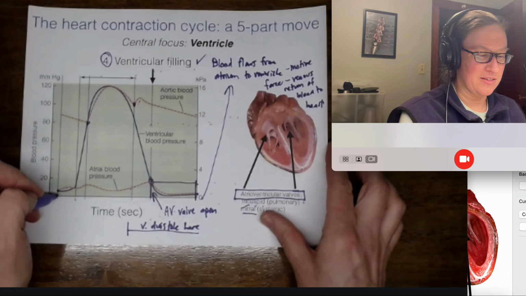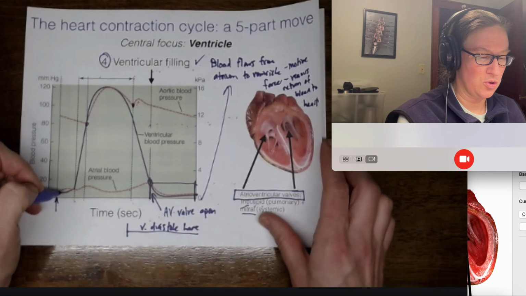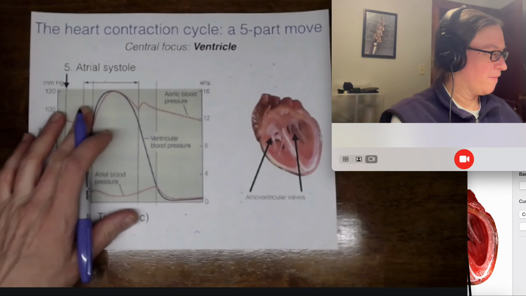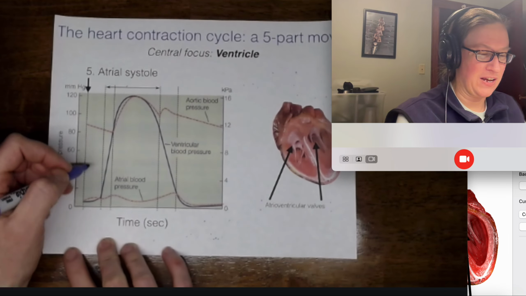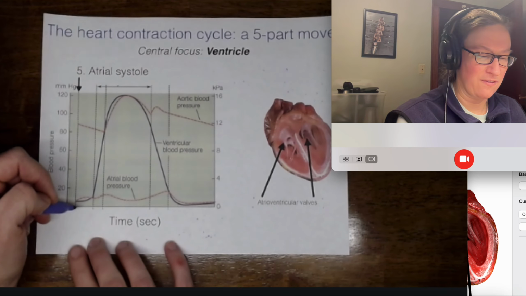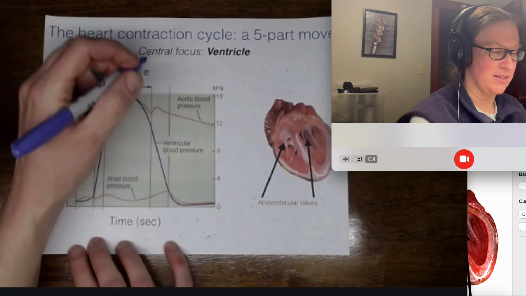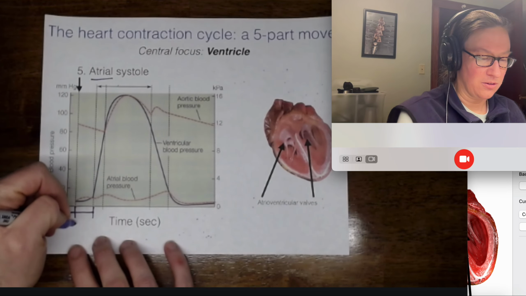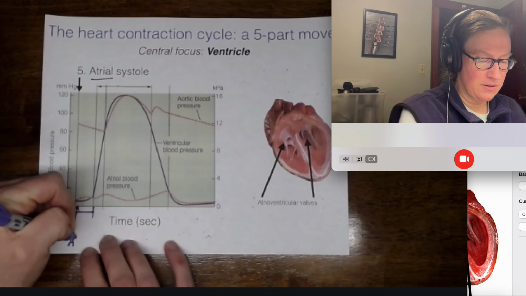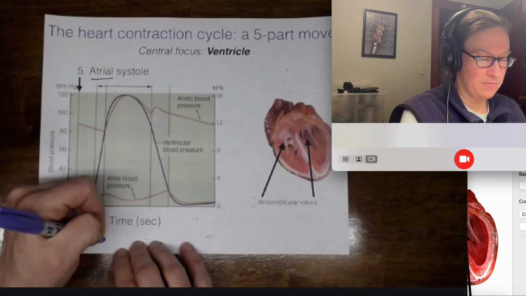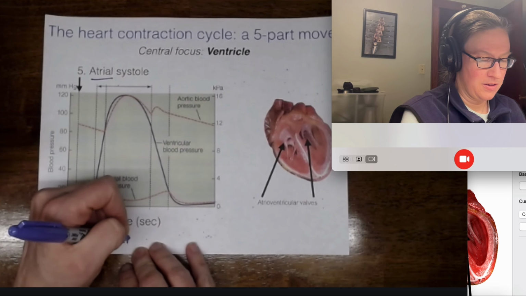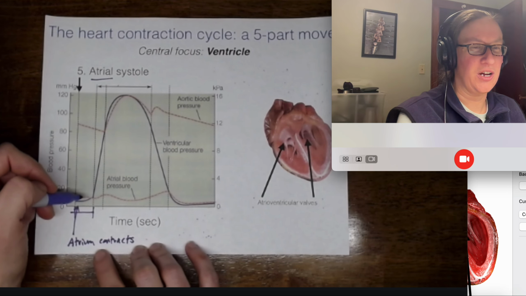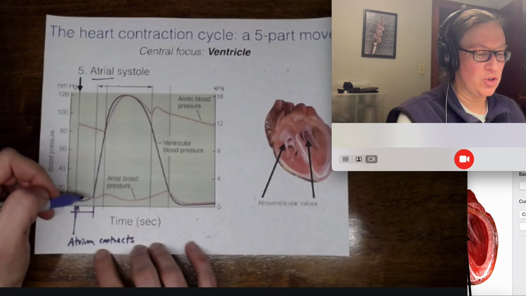So that's going to cause us to wrap back around here to the start of our heart cycle diagram, to the final phase, which is the phase of atrial systole, right? So this is where the atrium is going to contract, okay? And so it's going to finish off the emptying of the atrium into the ventricle.